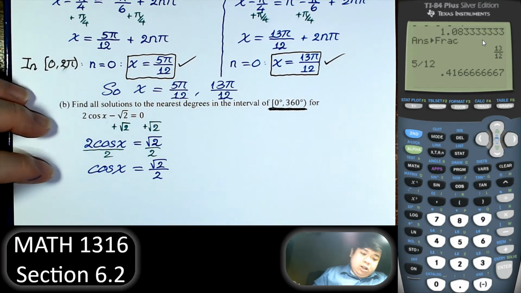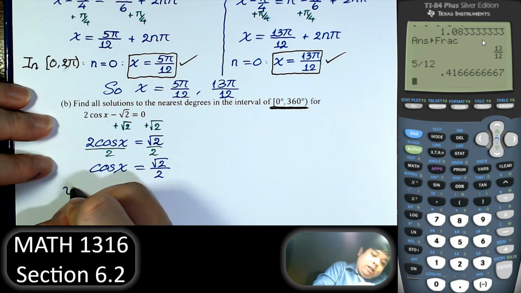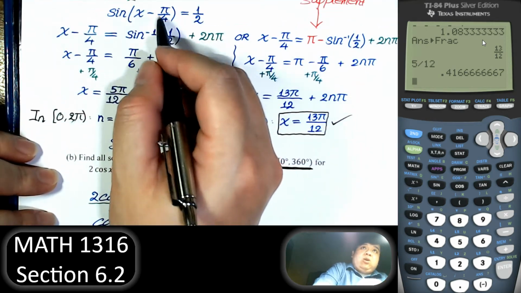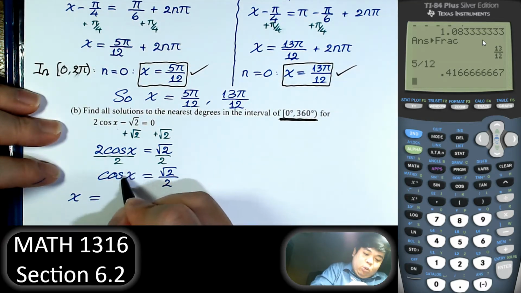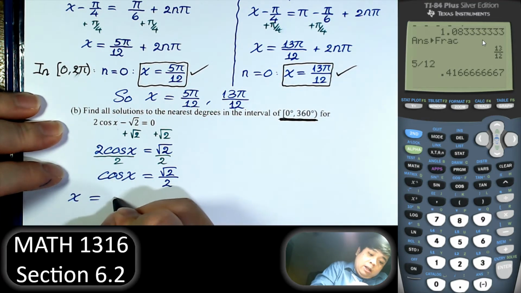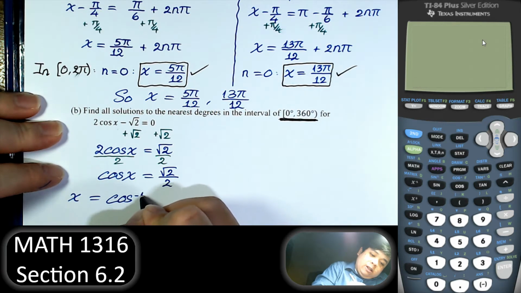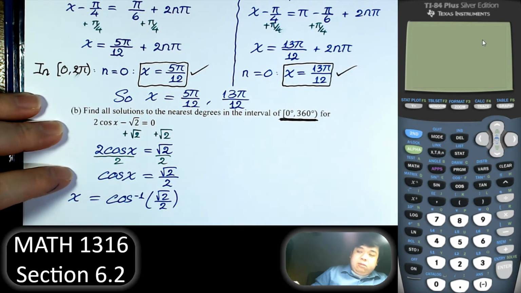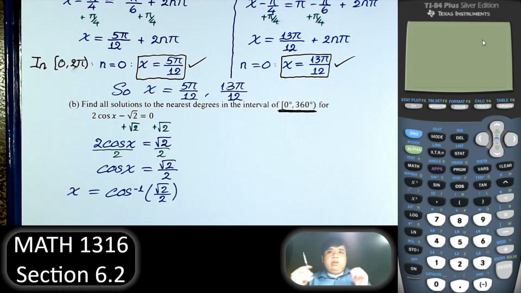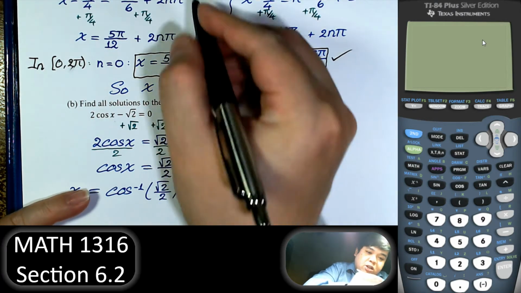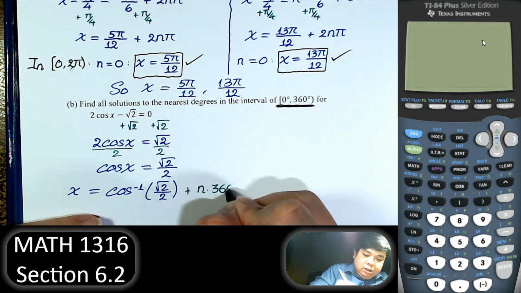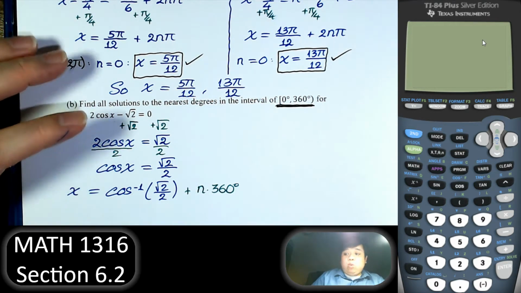But regardless, the first thing we'll have is going to be the angle, in this case, x. Previously the angle was x minus pi over 4. So we just take whatever is inside the trig function. If it is cosine, then we'll take cosine inverse. Now, the period for sine and cosine is 2 pi or 360 degrees. So instead of plus 2n pi, I'm going to add n times 360 degrees. So that's one of them.